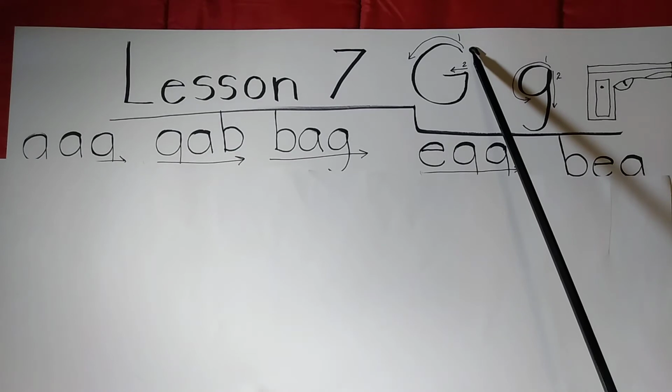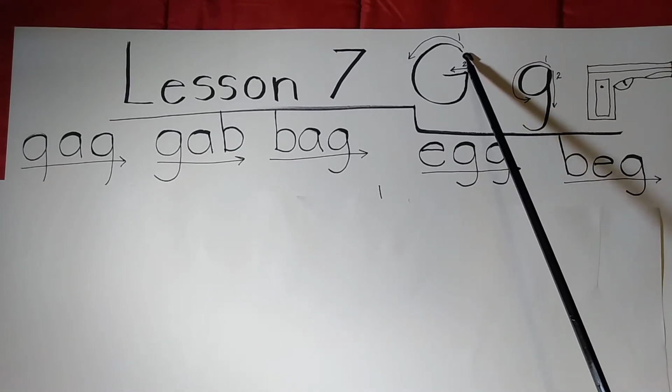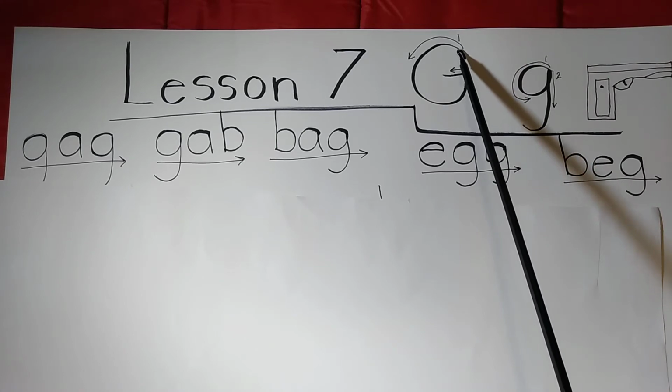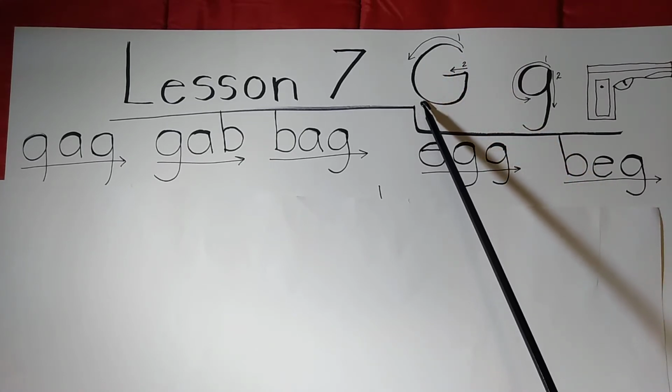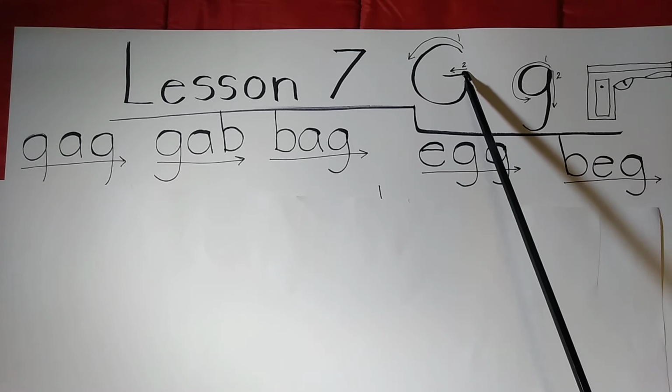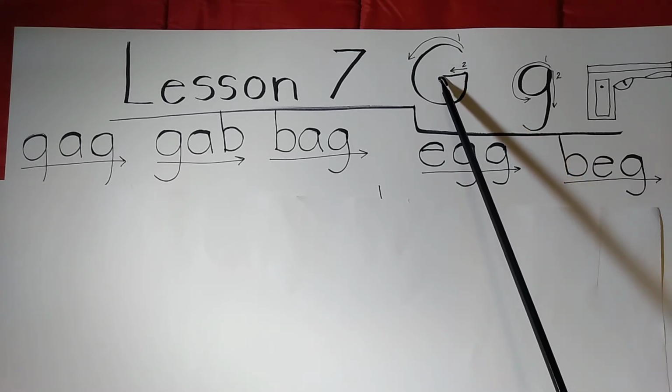Capital G is started like the capital C, where you go around counterclockwise. And before you get all the way up, you make a mouth on it right here.